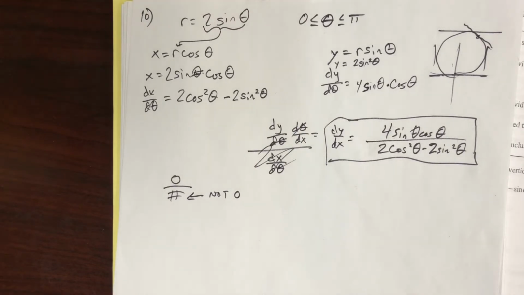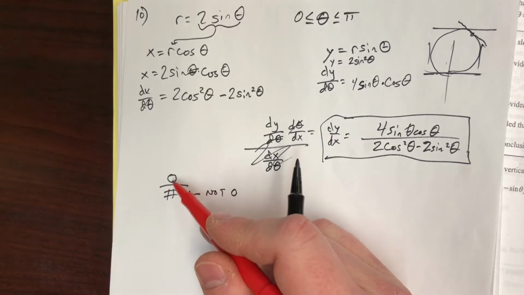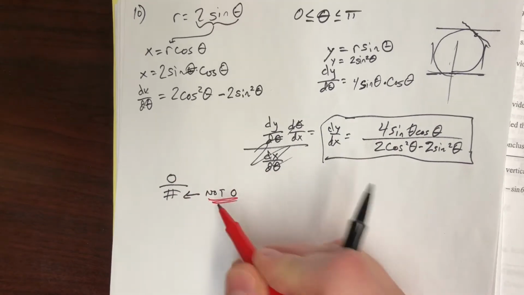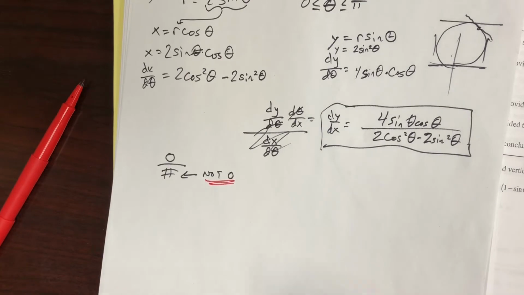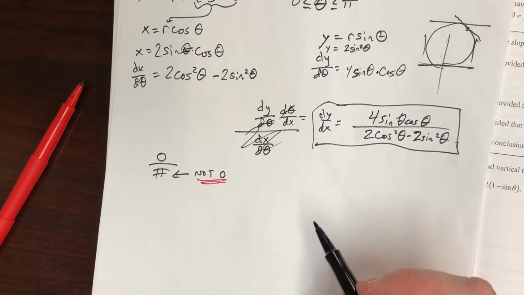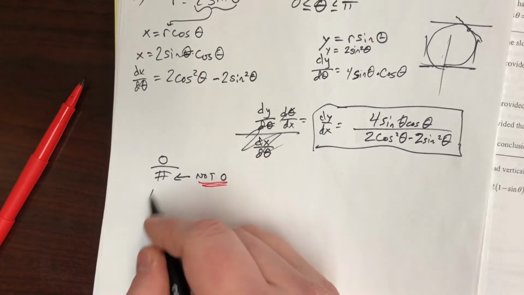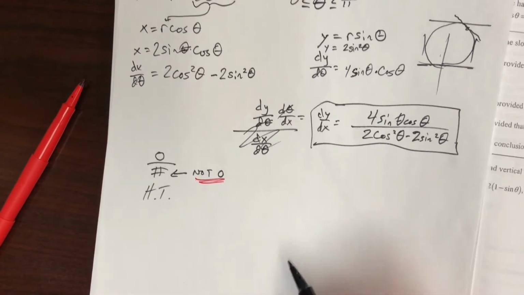Because 0 divided by 0 was a weird issue, and we spent a lot of time with limits finding out what happens when you get 0 over 0. So 0 over a number, as long as it's not 0, okay, well then, that's going to be horizontal tangents, HT.